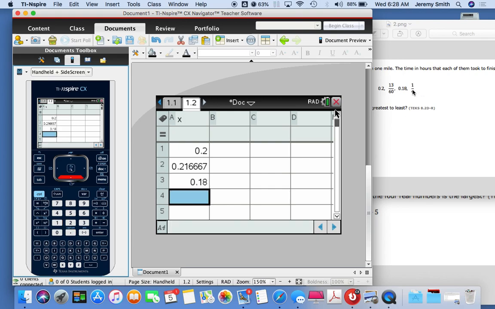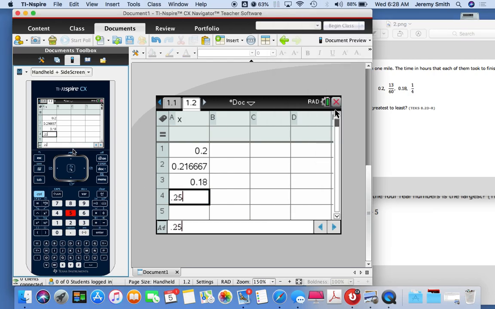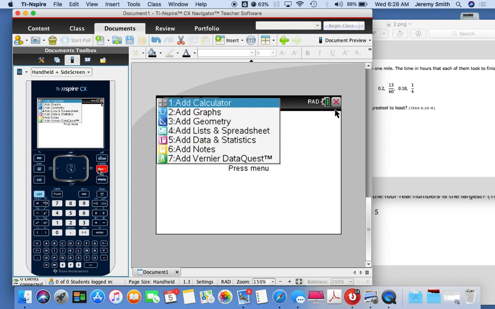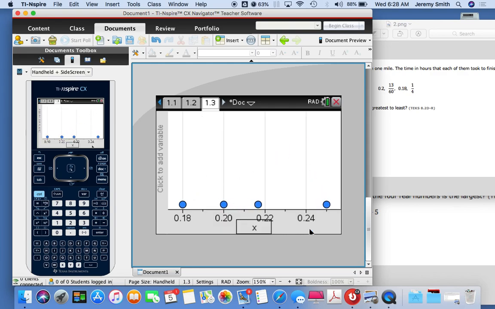And then we can see that 1/4 right here is 0.25. All right. So remember, what you want to do is hit Control Doc, which is going to add a new page. We want to add Data & Statistics, and we want to change this to X.